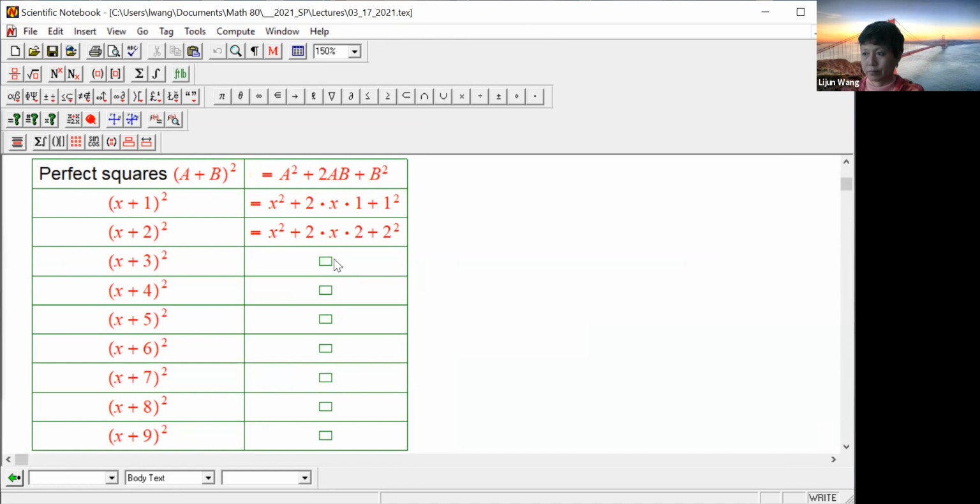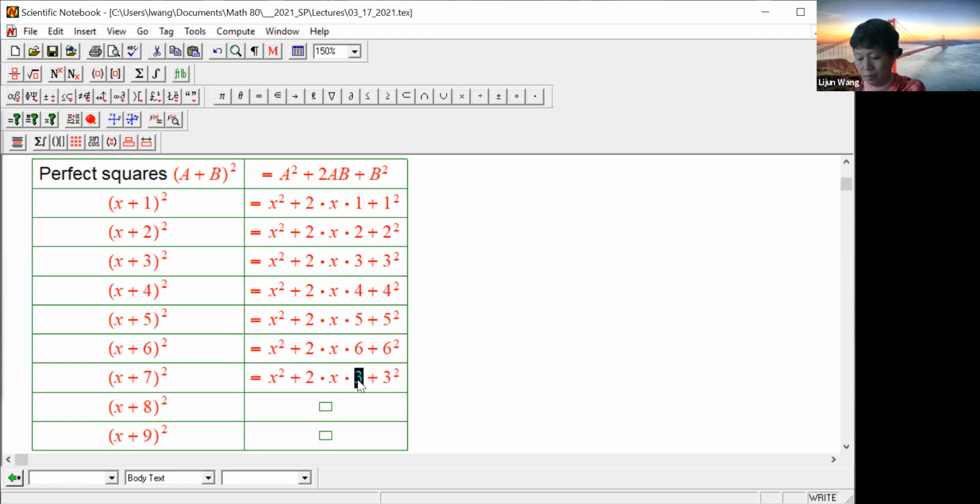Got it? Identify patterns. You certainly can make the list longer, right?